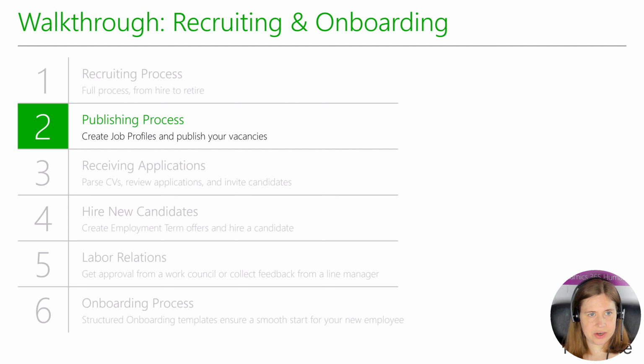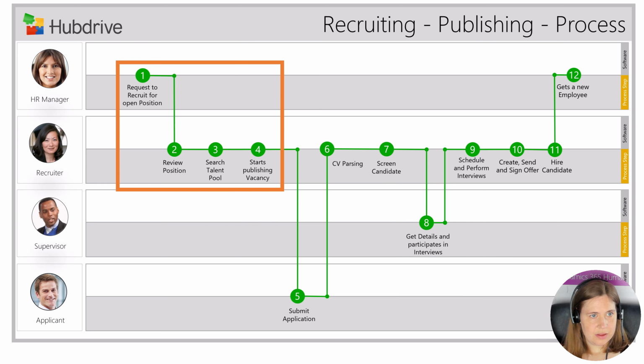Now, after we had a look at the whole recruiting process, let's take a look at the sub-processes below. First, I would like to focus a bit on the publishing process. That is the first part where the HR manager requests an open position to be recruited, and the recruiter then starts to look for someone to fit that position.